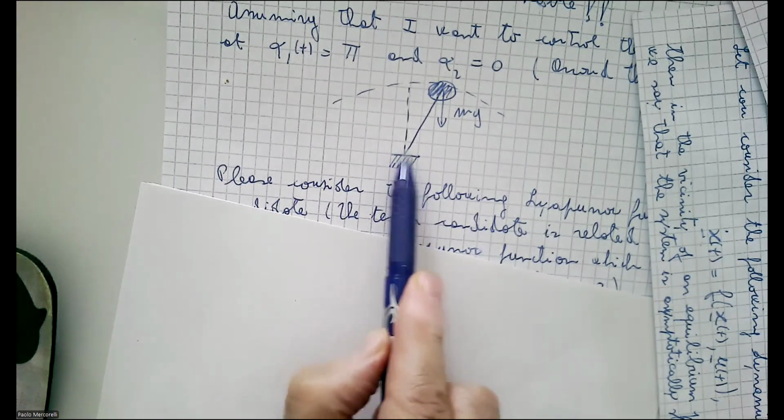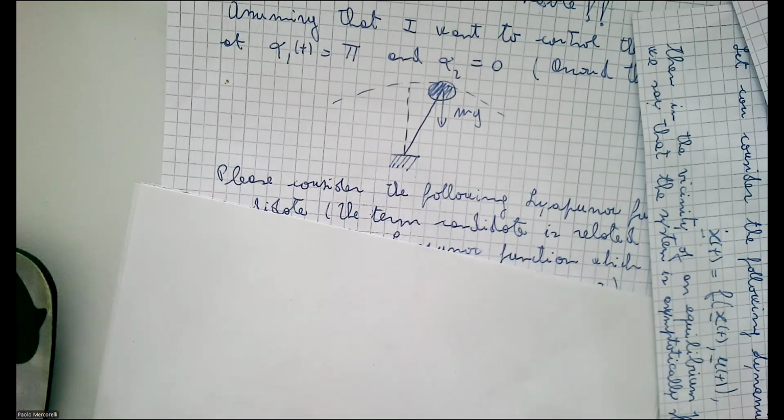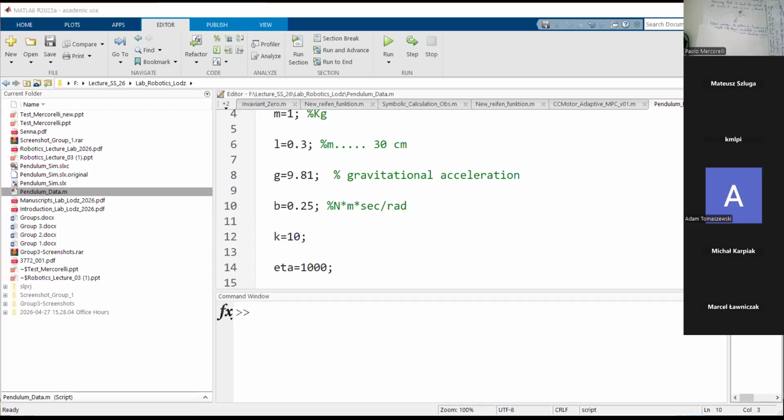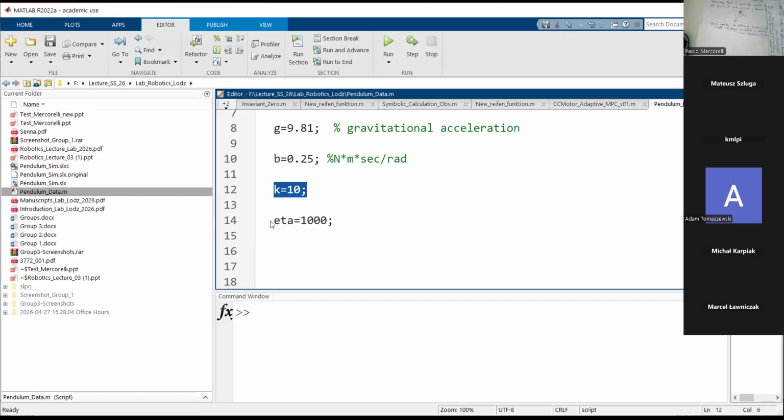But of course, here we have a friction, we have also a static friction. The problem is, you can understand me, if we want to analyze in detail, it could be extremely complicated. K positive 10, eta larger, just to check.